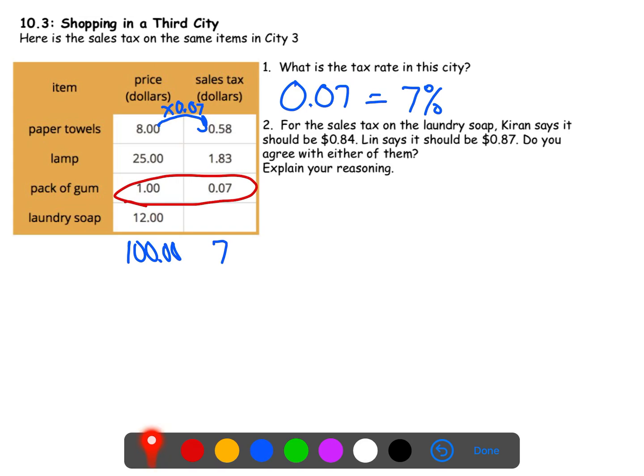Now it says for the sales tax on the laundry soap, Kieran says it should be 84 cents. Lynn says it should be 87 cents. Do you agree with either of them? So we'll take our constant of proportionality, our sales tax, and multiply it by the cost of the laundry soap, which is $12. And when we do that, so I forgot a zero there.